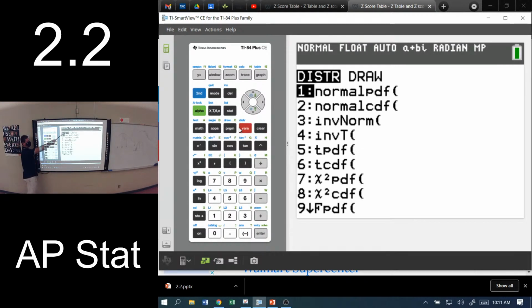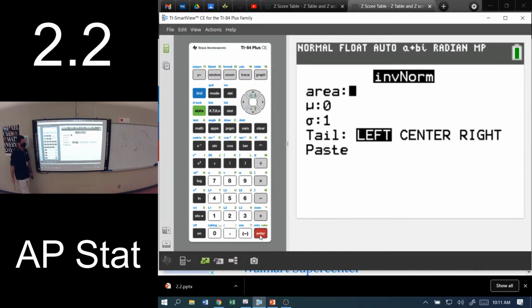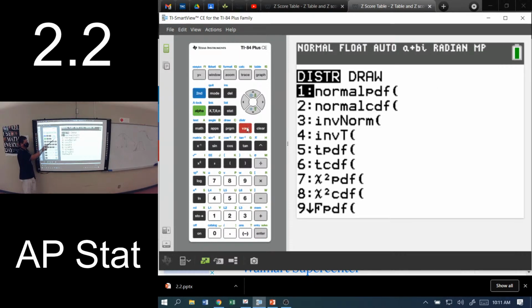We don't ever use PDF. CDF is what we use to find a percentage. Inverse norm. Okay with that? Inverse norm, enter. This is where the new ones really come in handy, because some of them don't even do the left, center, right. That's second distributions, inverse norm.